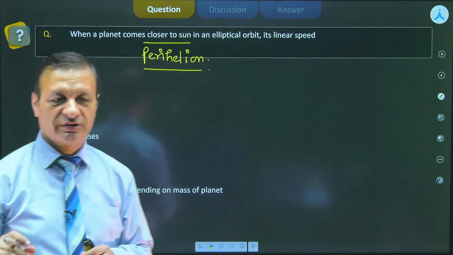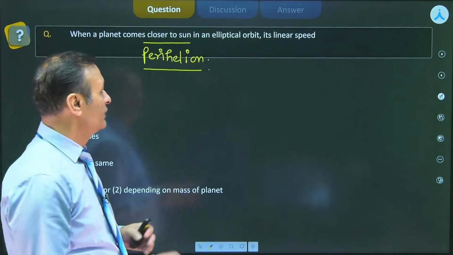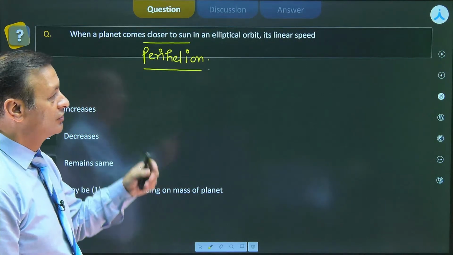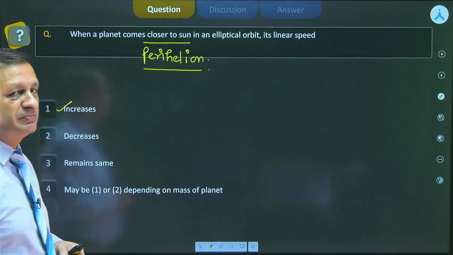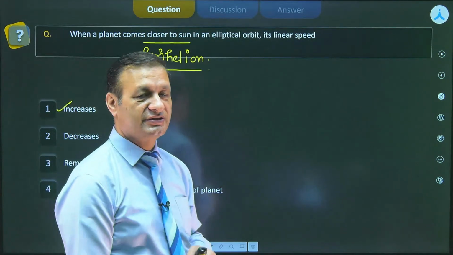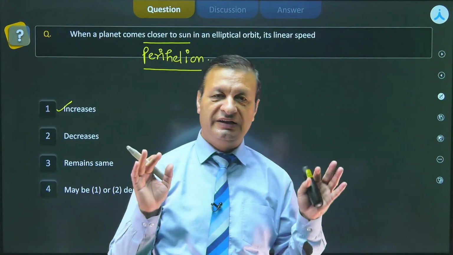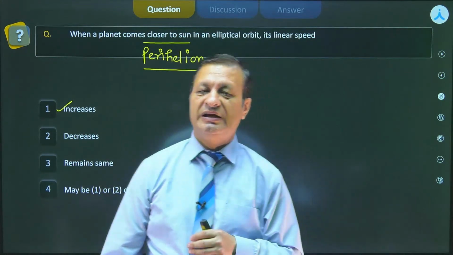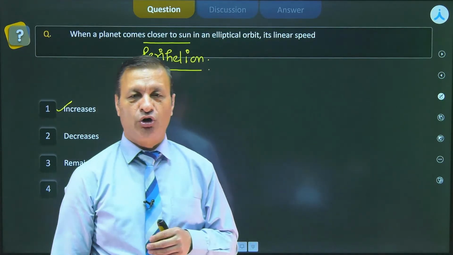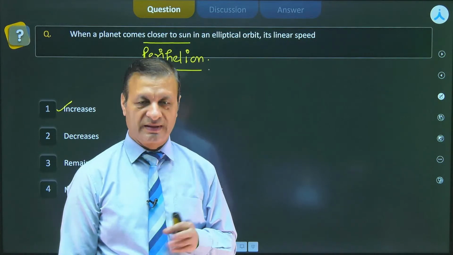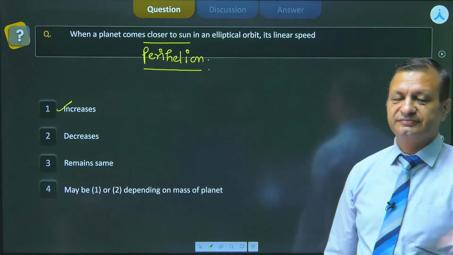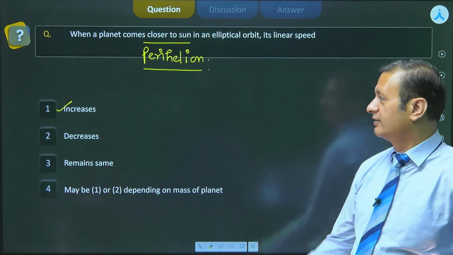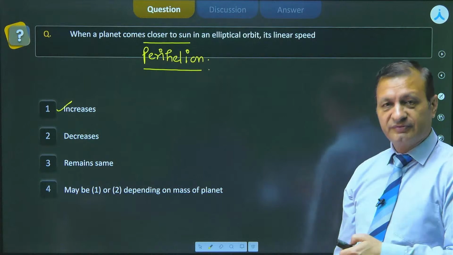You got it or not? Its linear speed also increases. We did discuss this part very well in detail. Yes or no? I think we did. So shall we move?